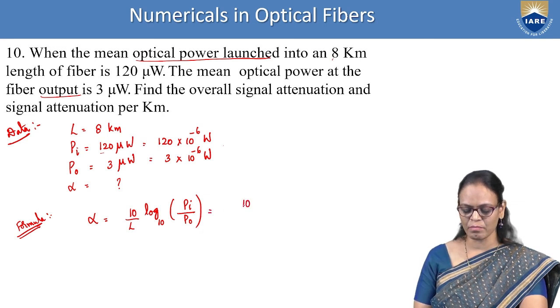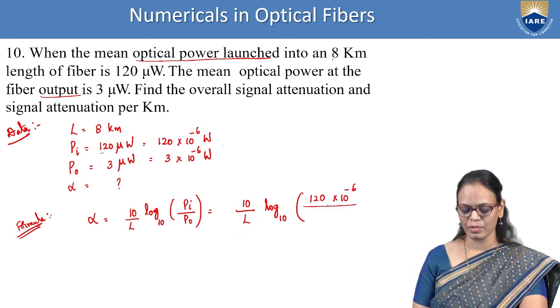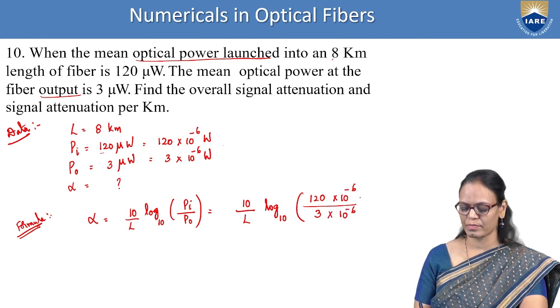We get 10 by L log to the base 10 Pi upon P0. Pi is 120 into 10 power minus 6 upon P0 is 3 into 10 power minus 6.